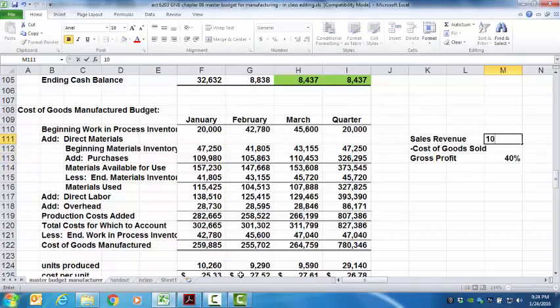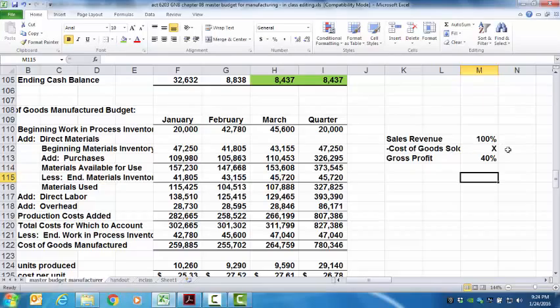If we set sales revenue to be 100%, since that is the starting point, then we have a cost of goods sold value here that we can say is X. So apparently the cost of what I'm selling must be 60% of your sales. 100 minus X is 40. X must be 60. Now this 60% is what I need to do the conversion.